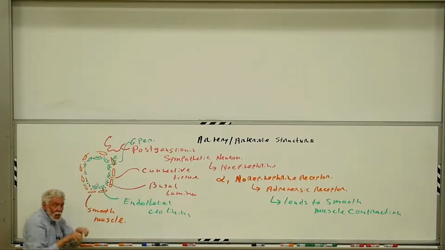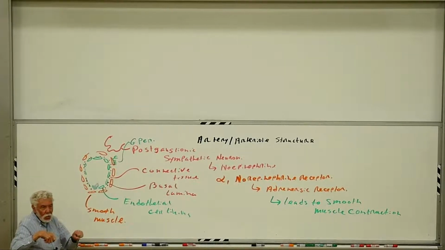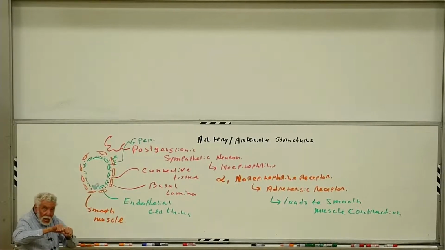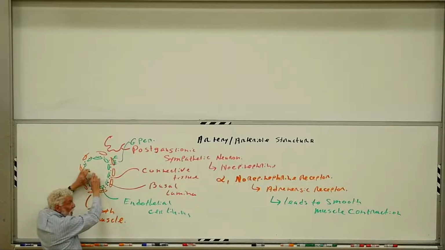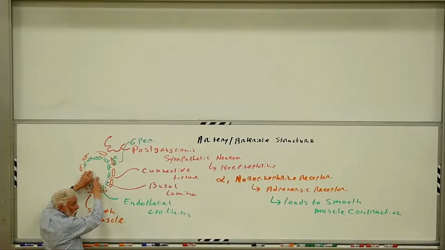In a way, you can think about having something wound around a garden hose and then pulling that tight to reduce the diameter of the garden hose. If we reduce the diameter of the garden hose, what are we going to do with flow through that garden hose? Well, we're going to reduce it. So we're going to do the same thing here.